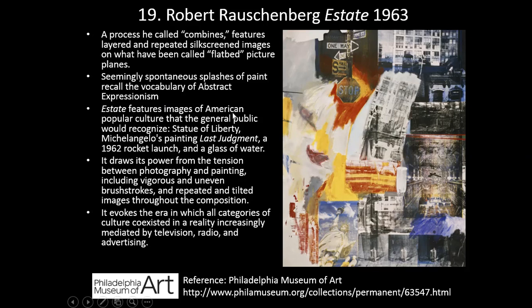Estate features images of American popular culture that the general public would recognize, such as the Statue of Liberty, Michelangelo's painting Last Judgment, a 1962 rocket launch, and a glass of water. It draws its power from the tension between photography and painting, including vigorous and uneven brushstrokes and repeated and tilted images throughout the composition. It evokes the era in which all categories of culture coexisted in a reality increasingly mediated by television, radio, and advertising.